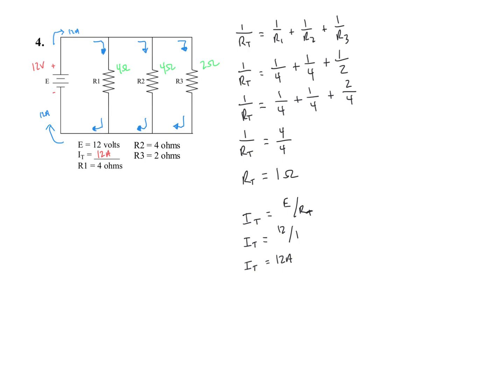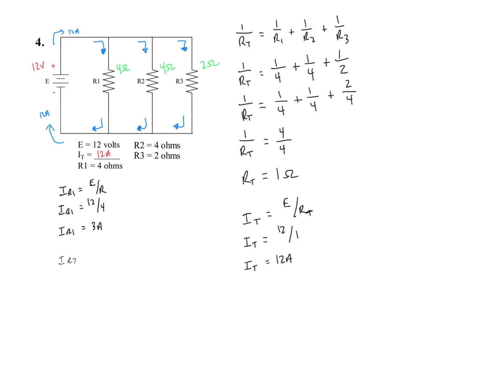Current through R1 is equal to voltage divided by resistance. R1 is going to be 12 divided by a resistance of 4, so this one has 3 amps.